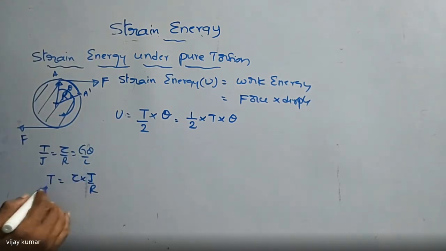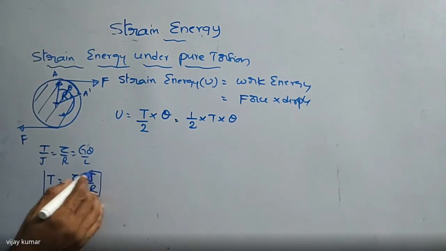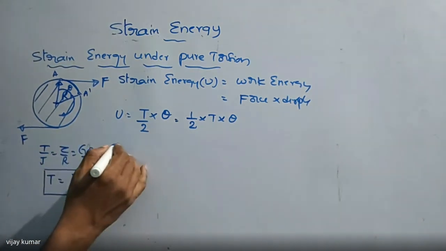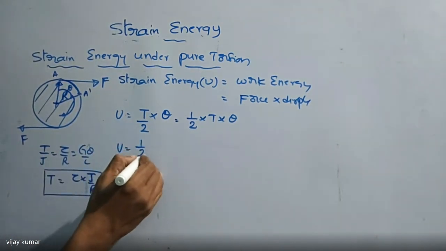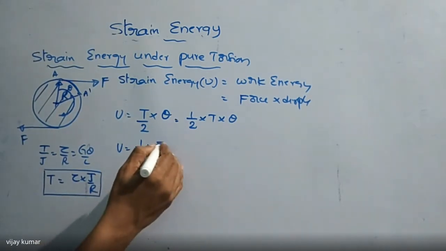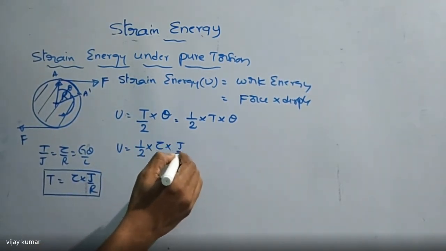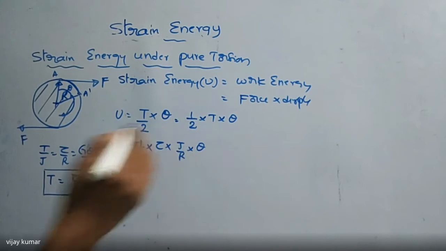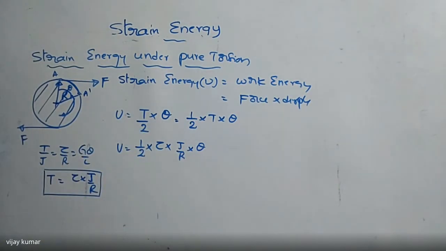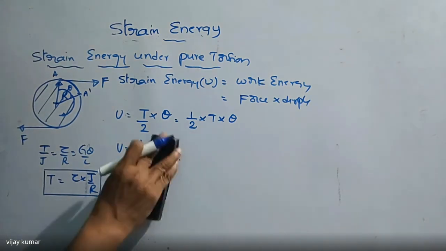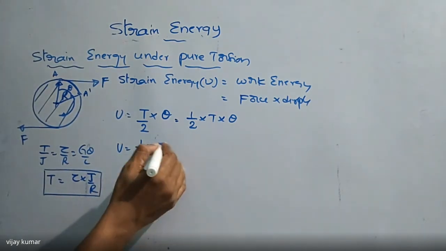So what is the J value? I'm going to write it again here. Listen carefully. U is equal to half into T, which is tau into J by R, into theta. We can write like this also: half into T into theta.